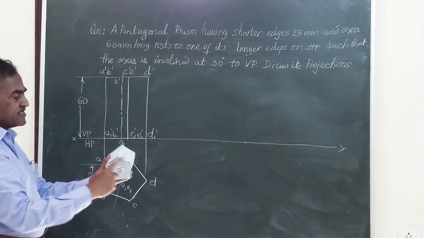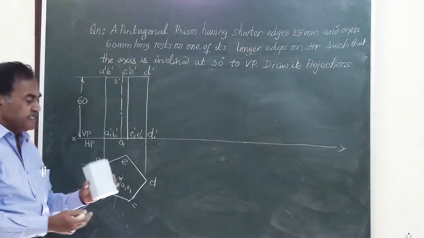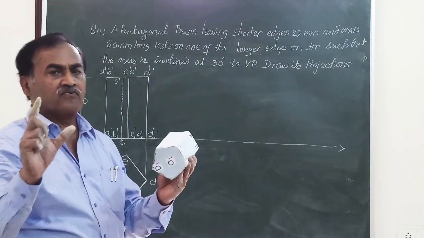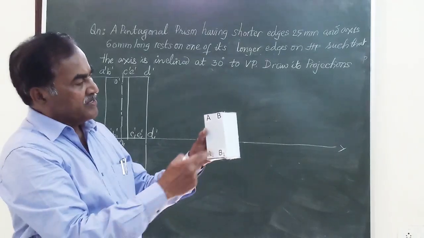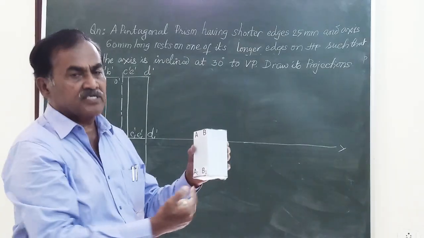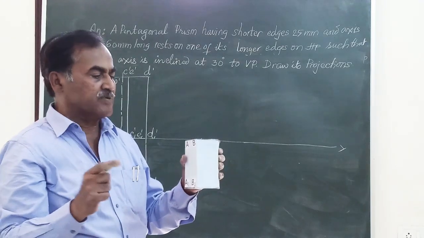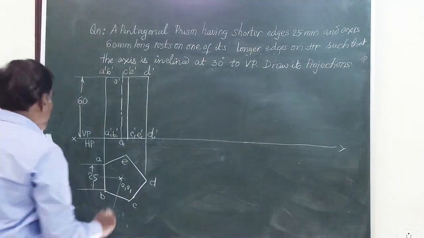And for the top face we have got 5 points A, B, C, D, E. The bottom face has also got 5 corners. So A1 comes below A, B1 comes below B. But when you see from the top, these 5 corners of the bottom face are not visible. Hence I show A1, B1, C1, etc. in brackets.